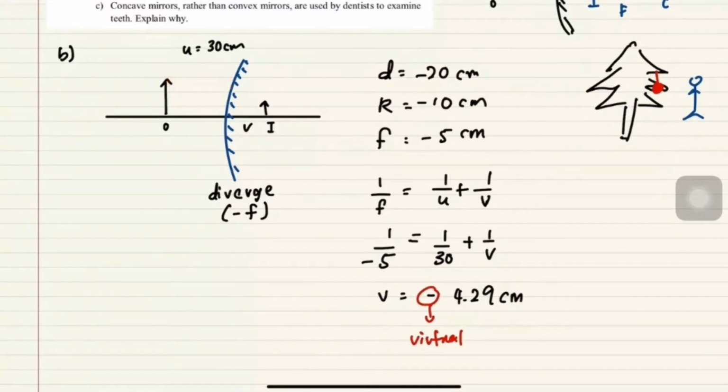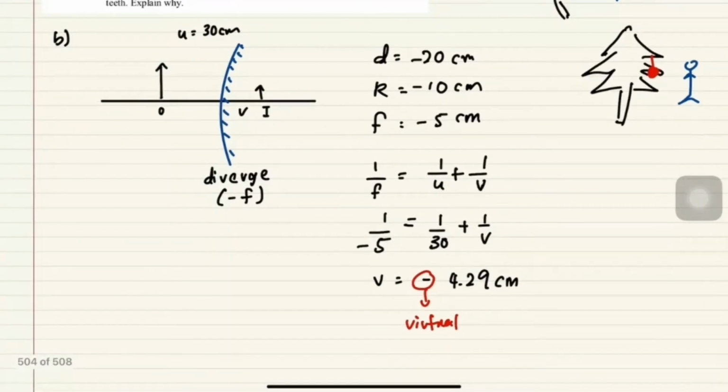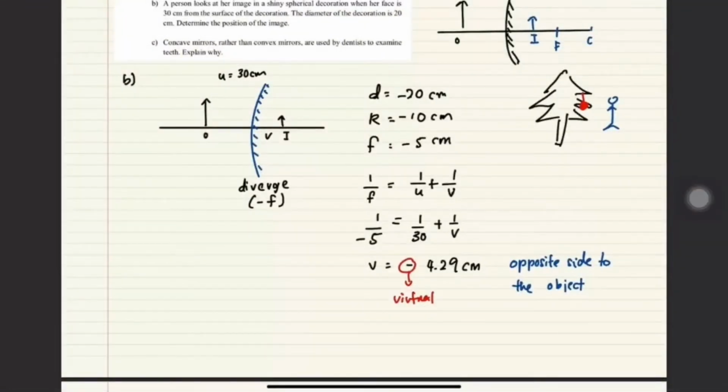So this part, kalau image terbentuk dekat sini, ini adalah real. Okay, kalau image terbentuk dekat atas sini, kat dalam cermin, itu adalah virtual. So in this case, opposite side to the object. Okay. You guys understand?